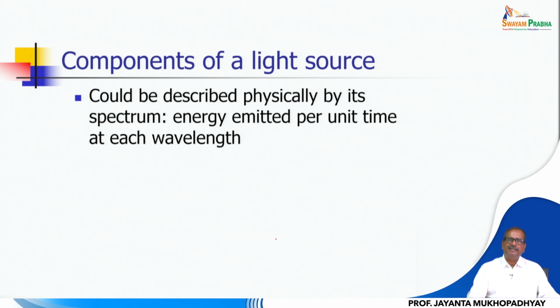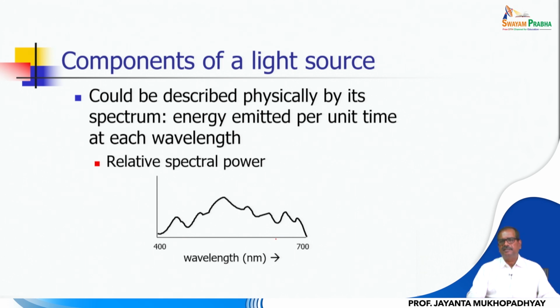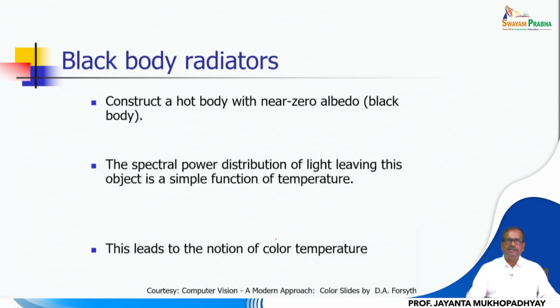We can say it is energy emitted per unit time, which is basically power at each wavelength, and this relative spectral power can characterize a light source. One such example has been shown, just with arbitrary variations. It could be the energy distribution or spectral power distribution of a light source.